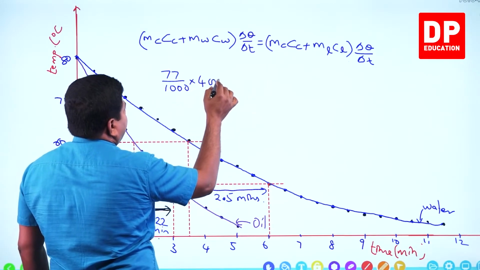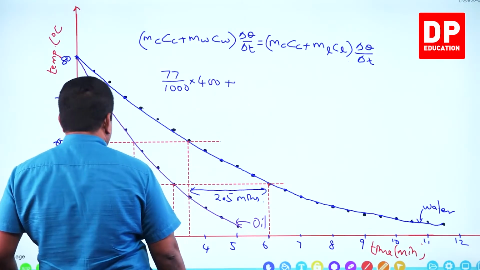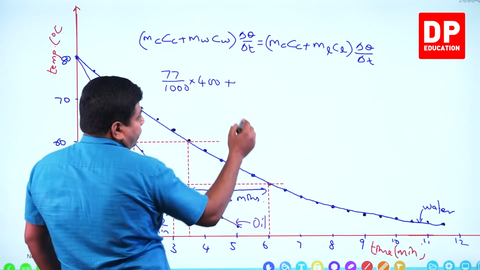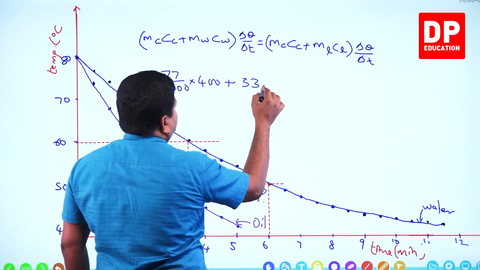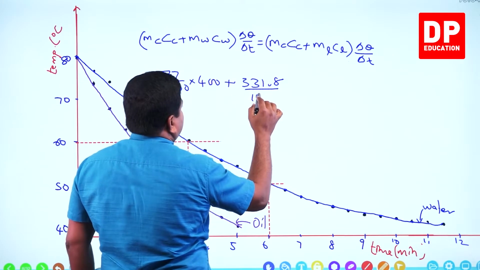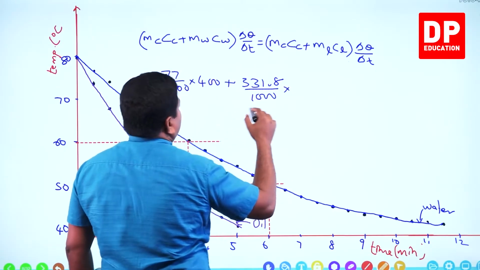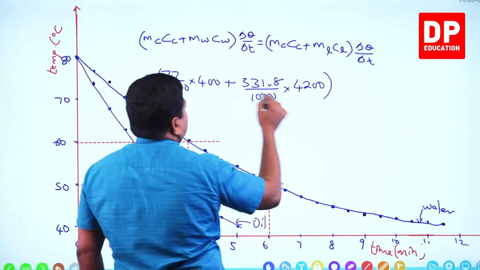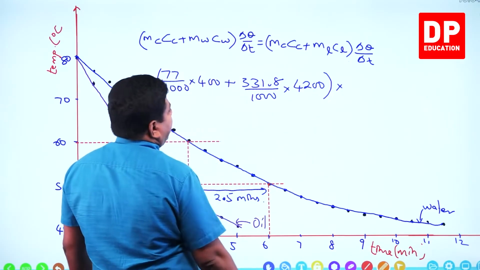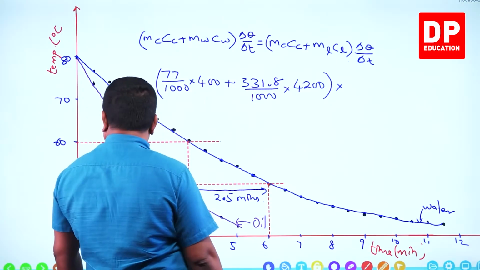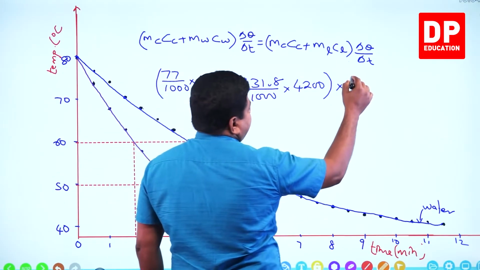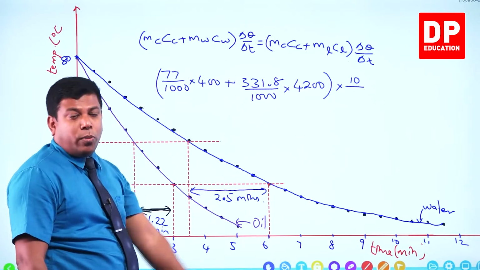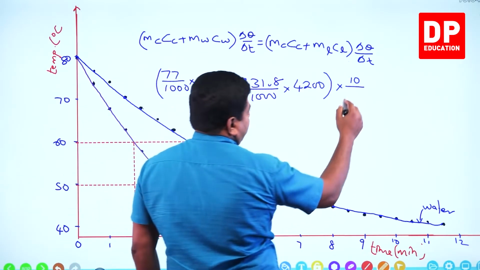CC 400. MW water 331.8 thousand into CW is 4200. Delta theta by delta T: 60 to 50 is 10. The time taken for water's cooling is 2.5 minutes.